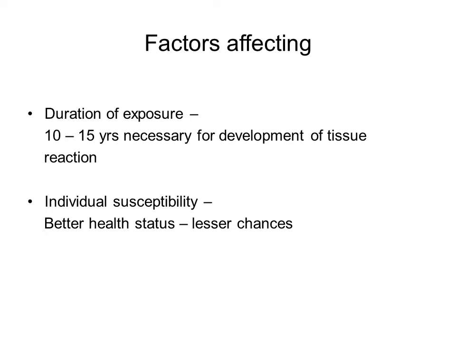If the person is already being affected by tuberculosis, if the person has repeated exposure to other lung conditions, if the patient has congenital emphysematous disease of the lungs, if the patient is a chronic smoker, then there are more chances of pneumoconiosis in these individuals. Such is the importance of pre-placement examination and periodic medical examination. Again, it will be discussed. I've already discussed that, if you remember, in the class of occupational health, right?